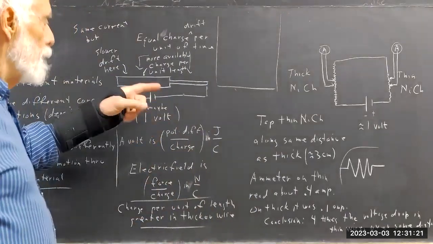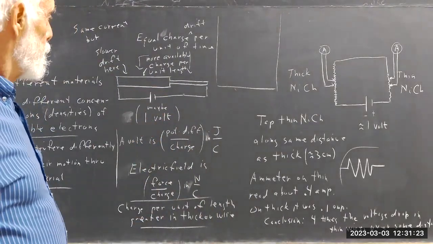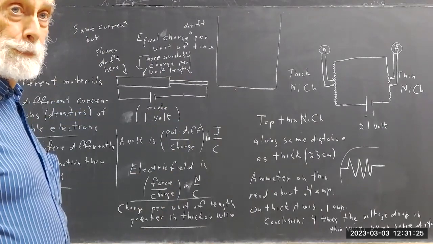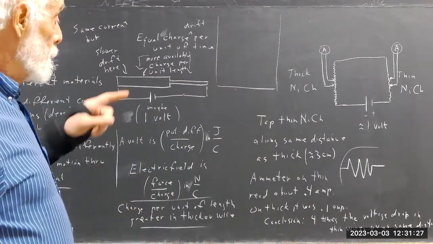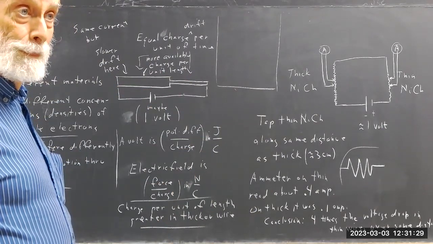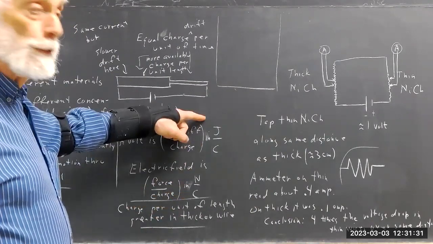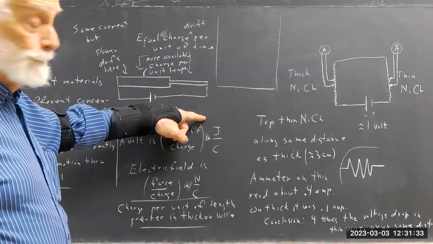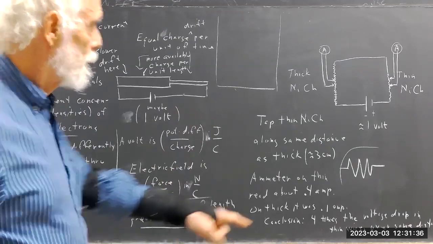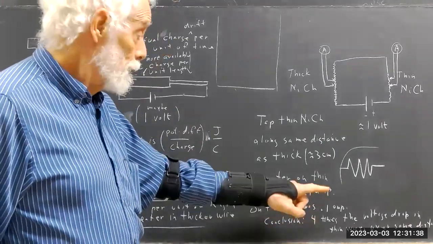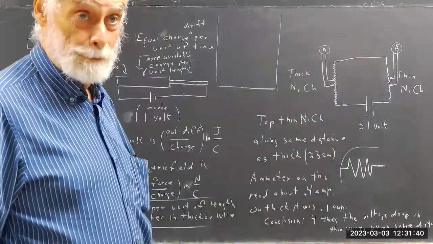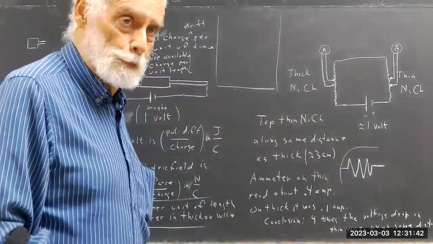You get fewer electrons. Okay, they got to be moving faster. Okay, it takes more energy to move. So, as a result, more volts, which leads to more amps through that end. That's what it really comes down to.